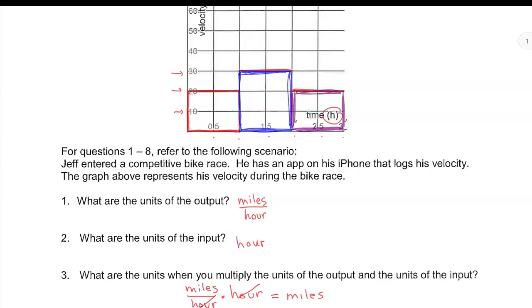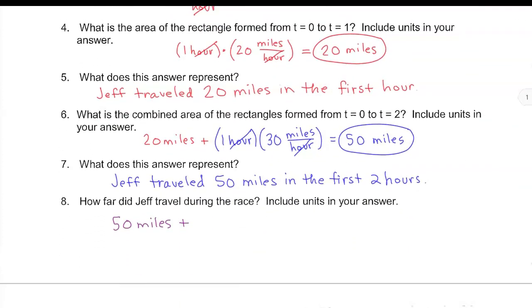So we're going to find the area of a rectangle with a base of 1 and a height of 20, but we have to include the units. The base is 1 hour and the height is 20 miles per hour. Cancel hours because we have an hour on the top times an hour on the bottom, and add those together. The result is 70 miles.